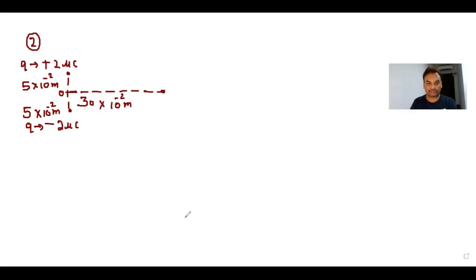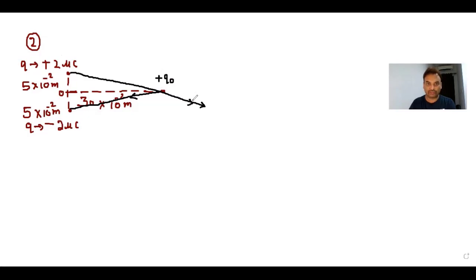So let us start. So due to this upper charge, there will be an electric field along this direction. And now, due to this negative charge, there will be electric field along this direction. Because if we put a positive test charge at this point, then the positive charge will feel a repulsion due to this positive charge.